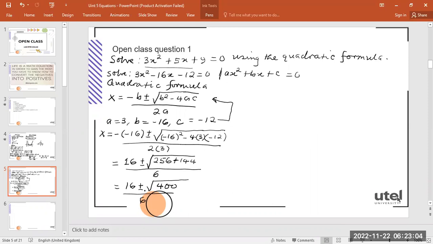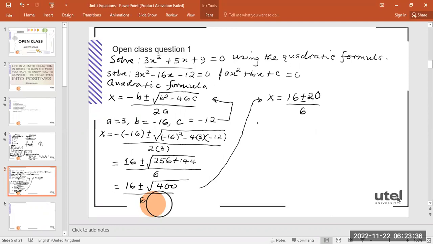Now let's continue. This implies that our x is equal to 16 plus or minus the square root of 400, which is 20, because if you multiply 20 by 20, that gives you 400, and everything divided by 6. At this point we are going to split this expression because it says plus or minus.